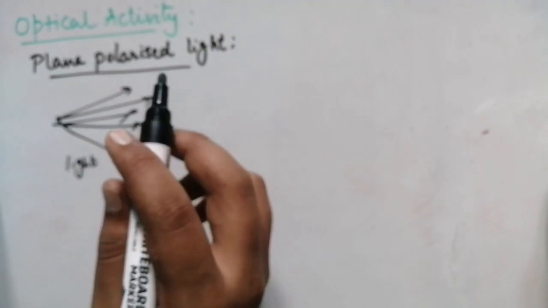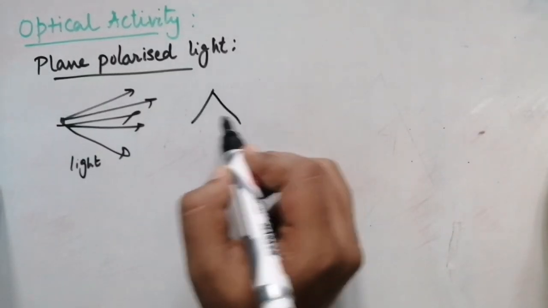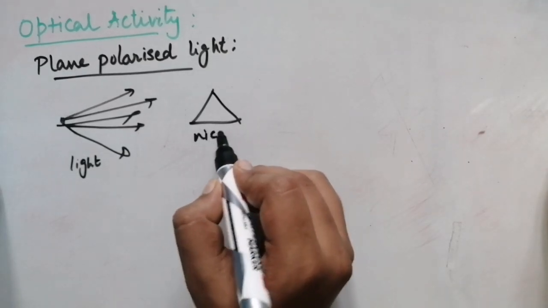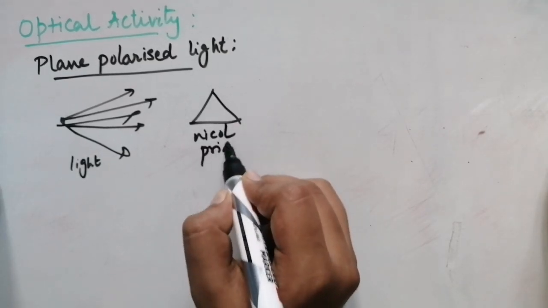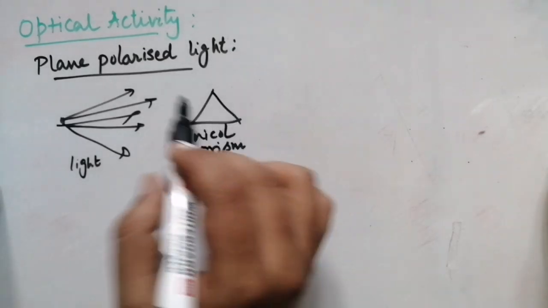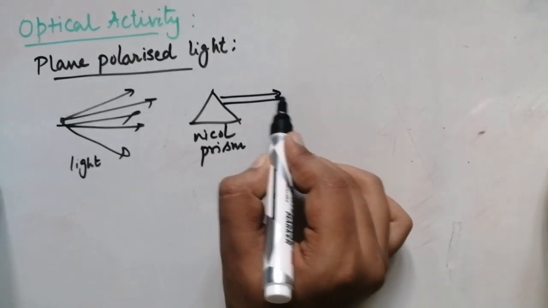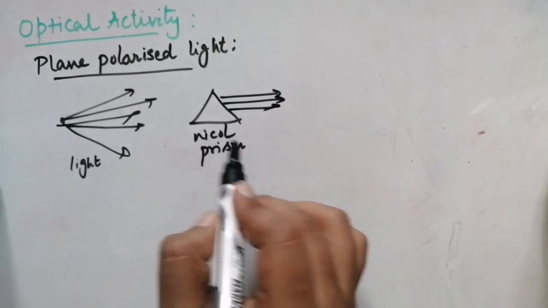When it is passed through a Nicol prism, the light will travel only in one direction.